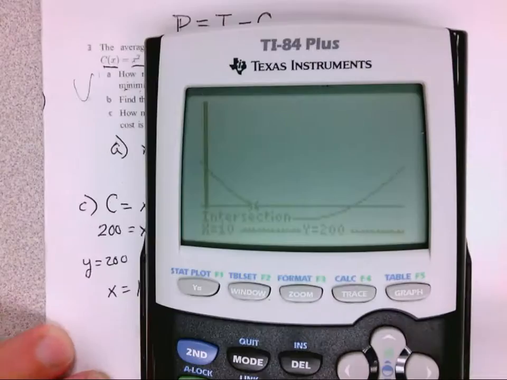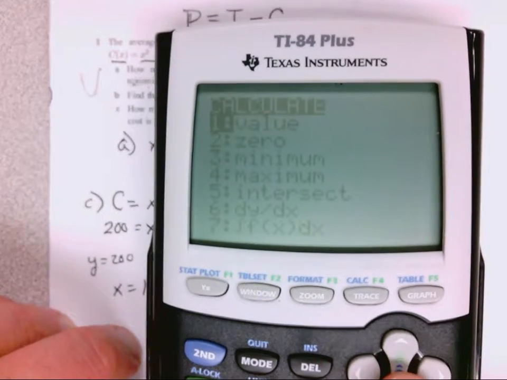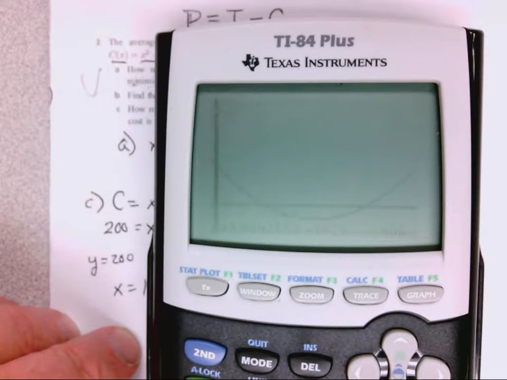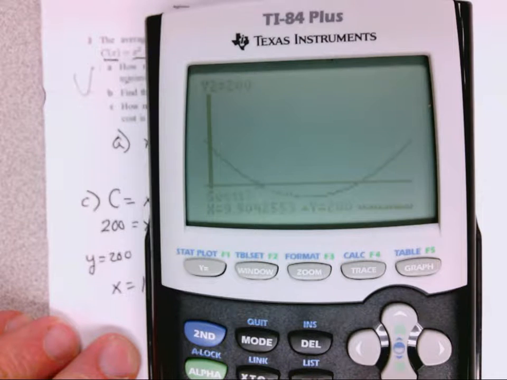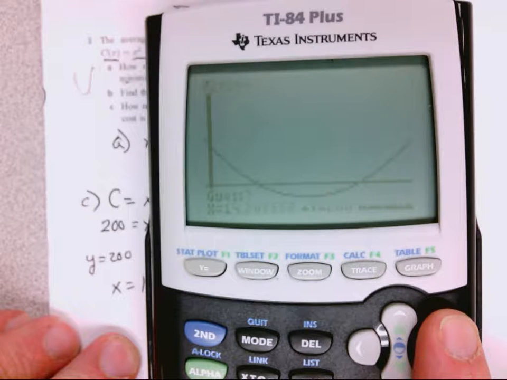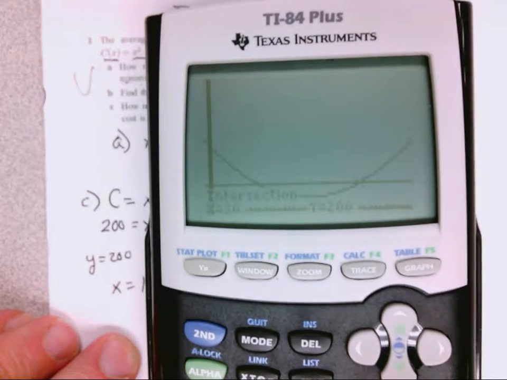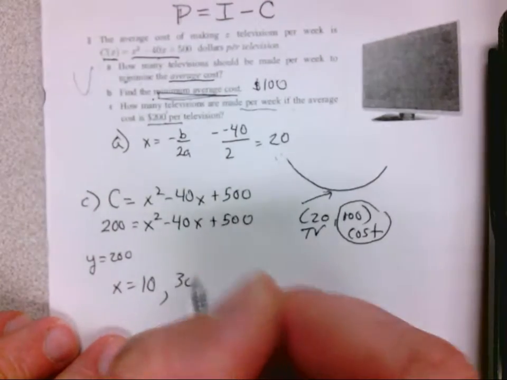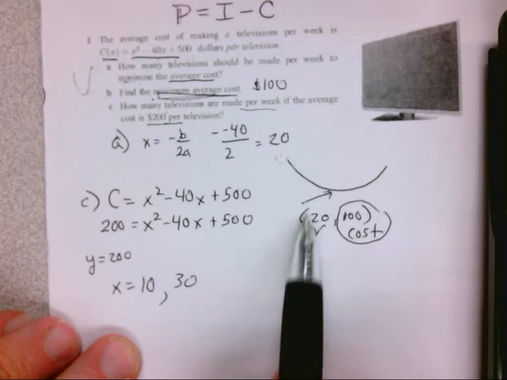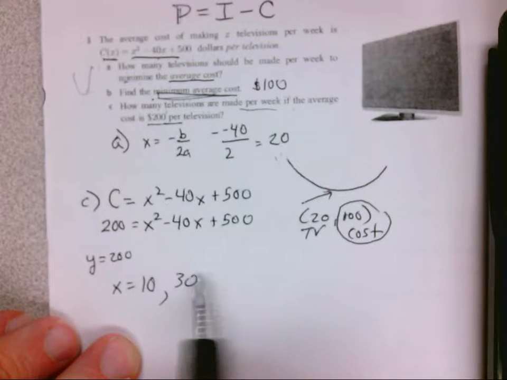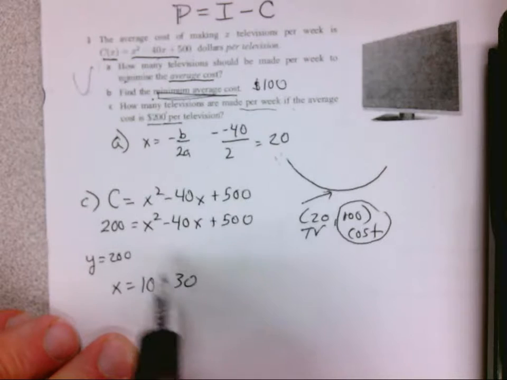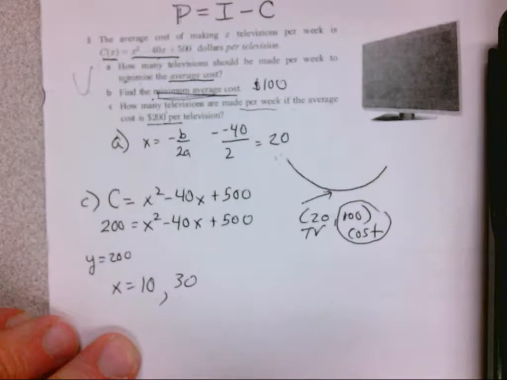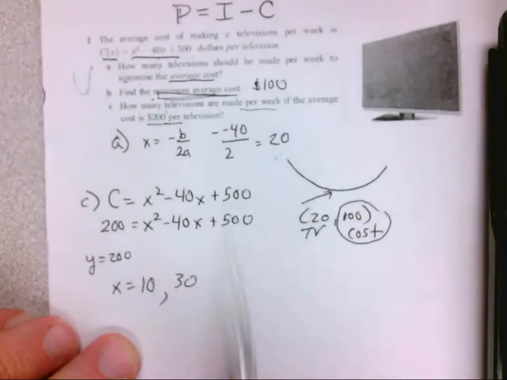I'm going to do it again, calculate intersection, enter, enter, and that's at 30. Now, if you were thinking about your line of symmetry, you knew that it should be between there anyway. So 10 per week or 30 per week would mean that the average cost is $200 per television, because this equation is the average cost.